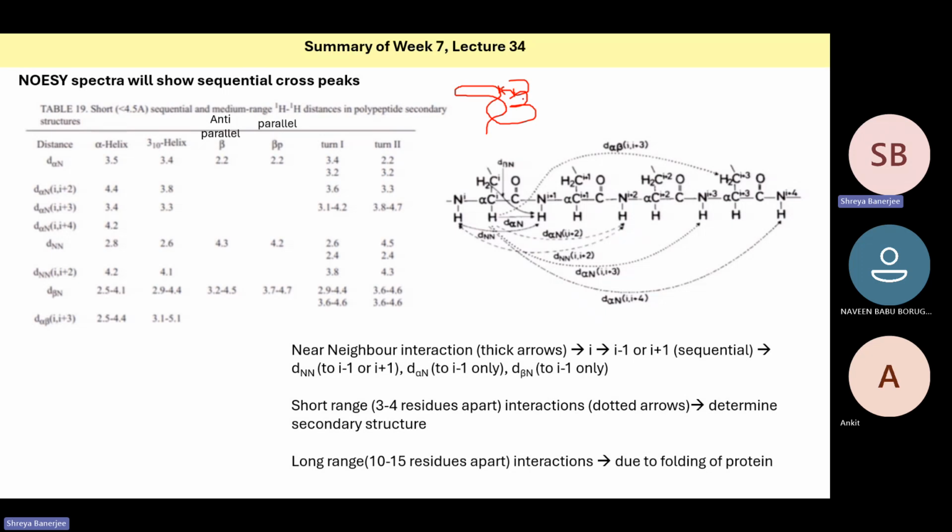The residues are far apart from each other, but because of the folding of the protein, they are coming close to each other, and we can see a NOESY interaction. So this kind of interaction is a long range interaction where the residues can be 10 or 15 amino acids apart, but due to folding of the protein in the tertiary structure, they are coming close to each other. So the long range interactions can help to determine the tertiary structure of the protein.